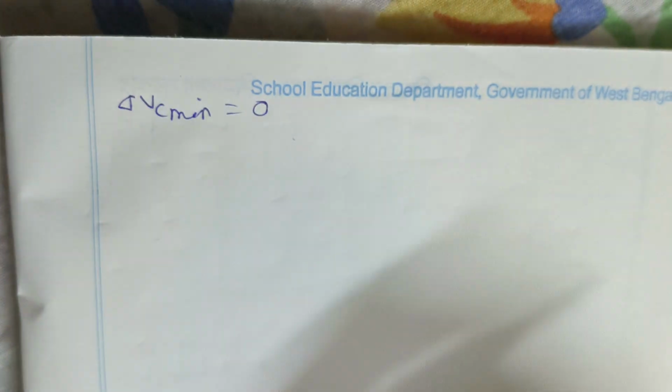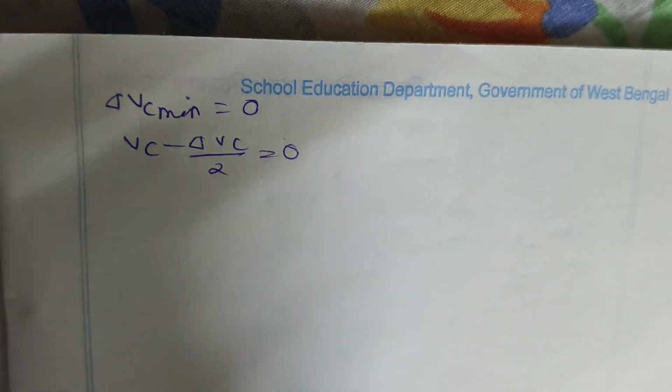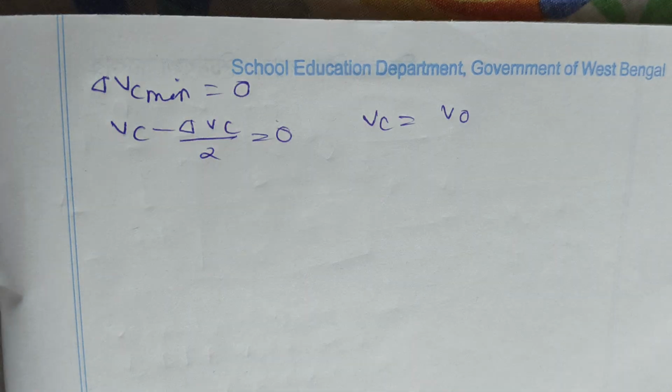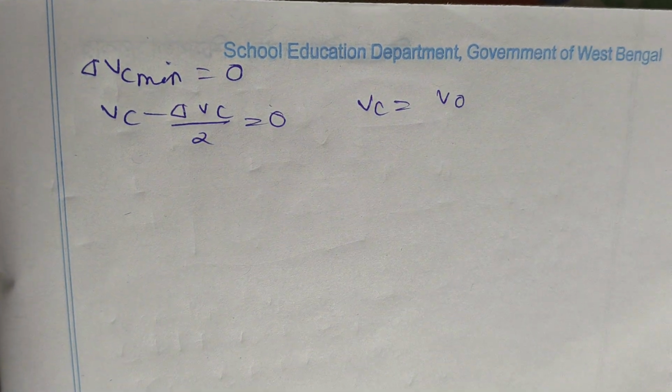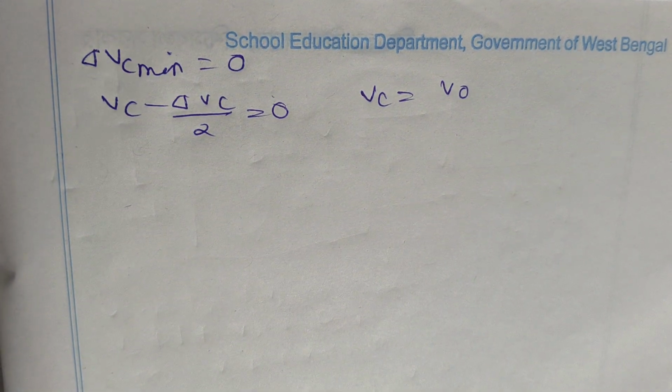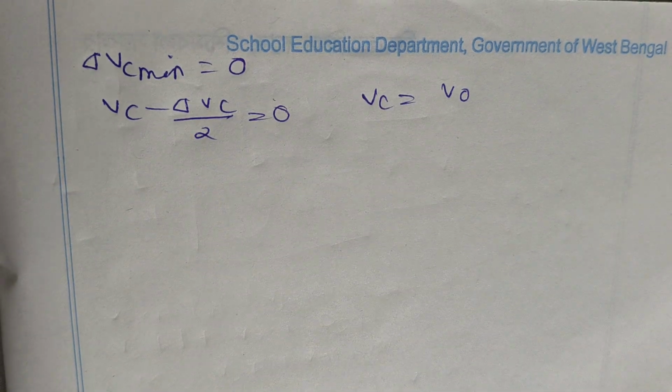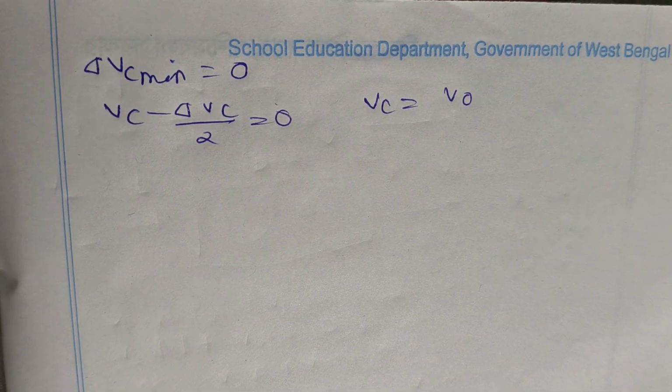Now critical value of the capacitance, where Vc minimum equals 0, that means Vc minus delta Vc by 2 equals 0. Now Vc equals V0, because the capacitor and resistor are in parallel combination. So whatever voltage appears as V0 will appear across the capacitor as per the KVL rule.